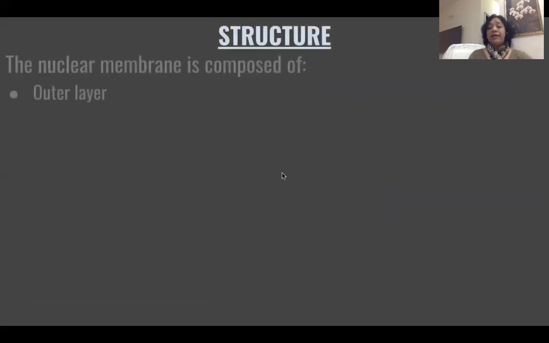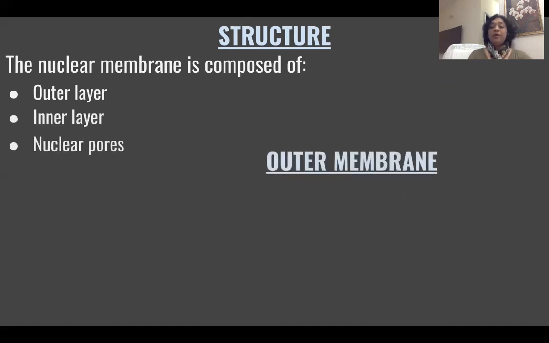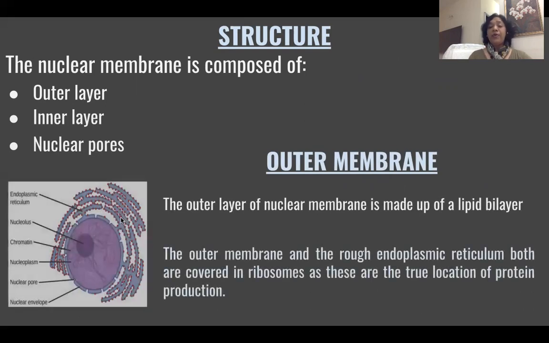Let us study the structure in detail. So the nuclear membrane is composed of the outer layer, the inner layer, and the nuclear pores. Outer membrane. The outer layer or the outer membrane of the nuclear envelope is made up of lipid bilayer.